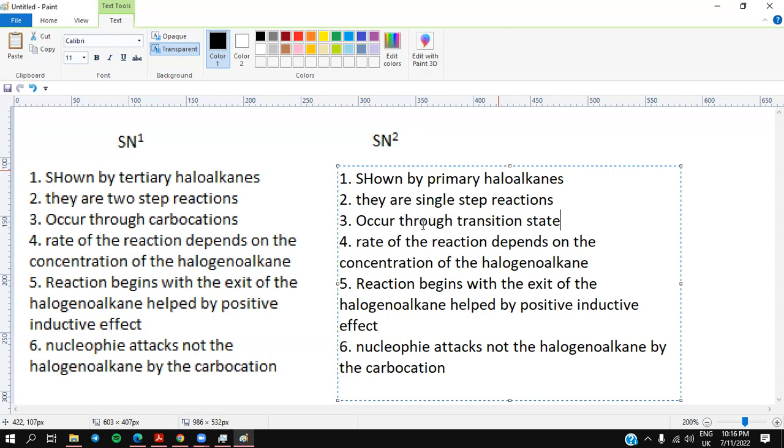And then fourth one, rate of the reaction depends on the concentration of both halogenoalkane and nucleophile.